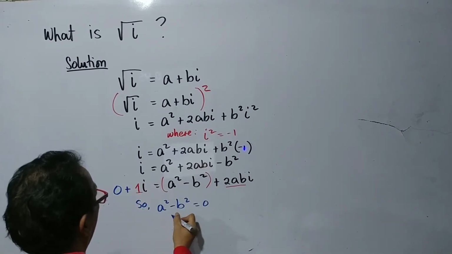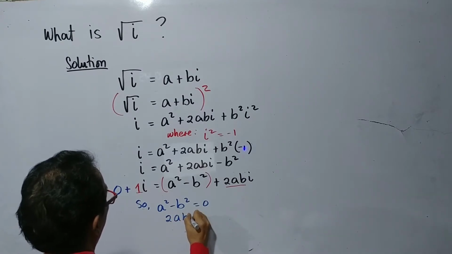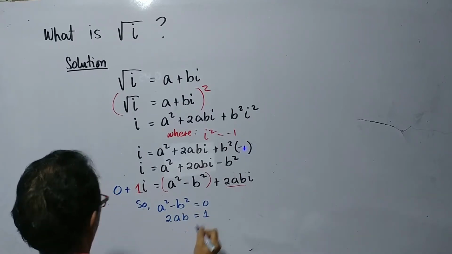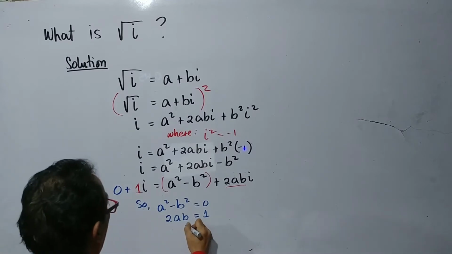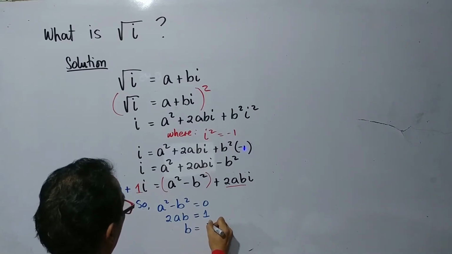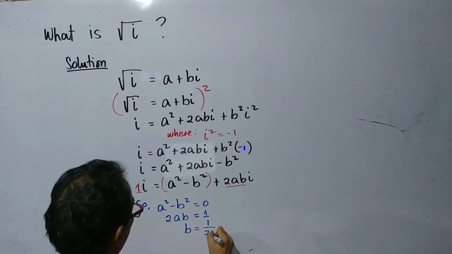So, we have 2ab equals 1. Therefore, our b now is equal to 1 over 2a.